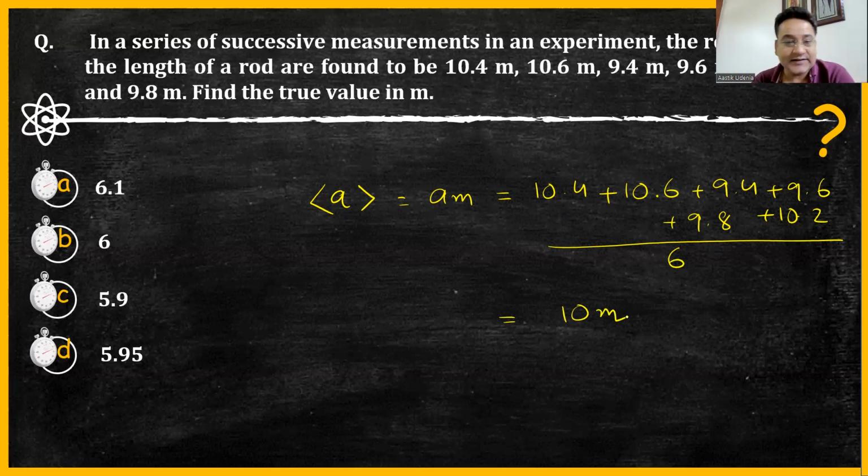Yes or no? Do we understand this? Yes. So, to get the true value or the real value, you have to take the mean. Do you understand this? Yes, sir. Okay.